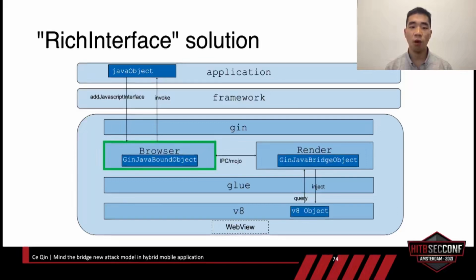This diagram shows how rich interface works. Let's recall how a JavaScript interface works. A V8 object in the JS engine, a GenJava bridge object in the renderer, and a GenJava bound object in the browser, and finally, the Java object. We noticed that in the browser process, we can clearly know where this invoke comes from. But this important information is lost during the JNI call.